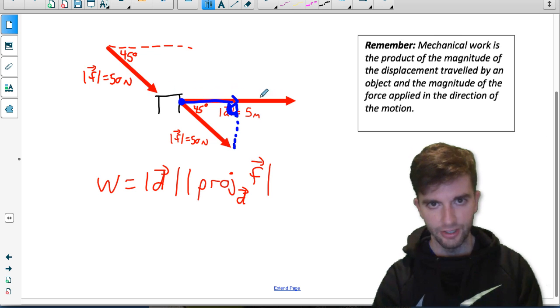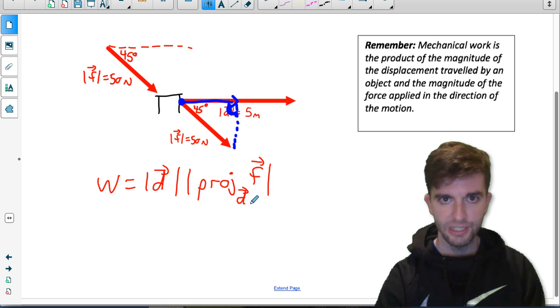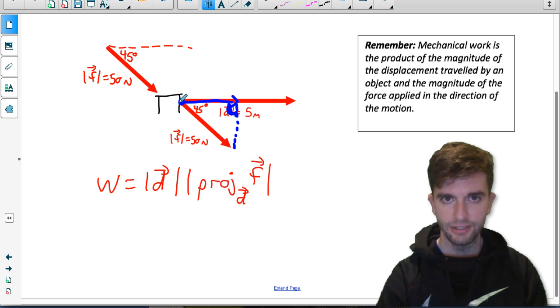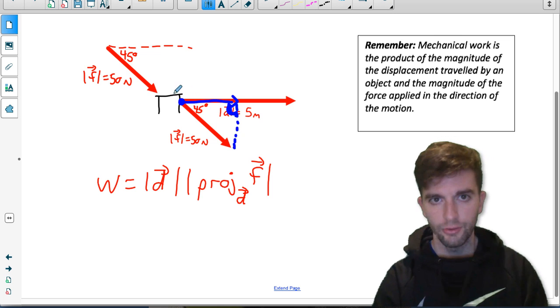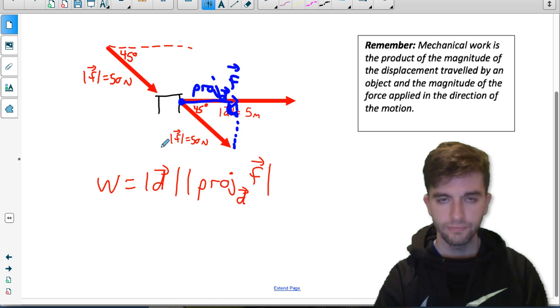And it's always going to be parallel to the vector that you're projecting onto. Since we're projecting onto vector d, the displacement vector, the projection vector is going to be parallel to vector d. So this blue vector is my projection vector. That's my projection of the force onto the displacement.